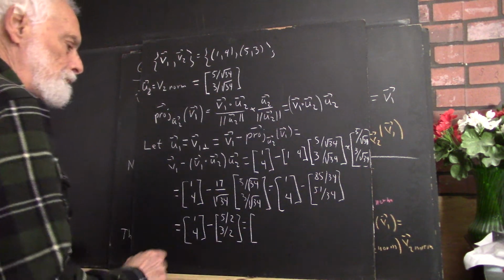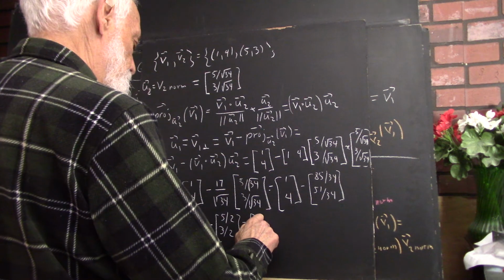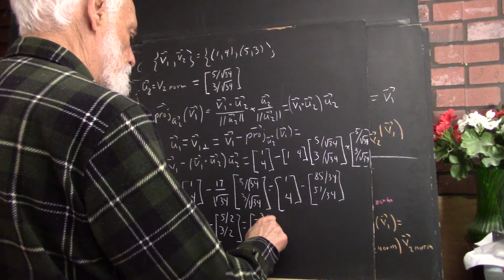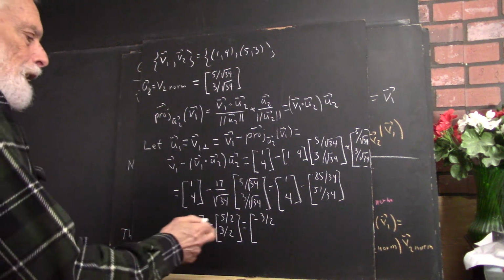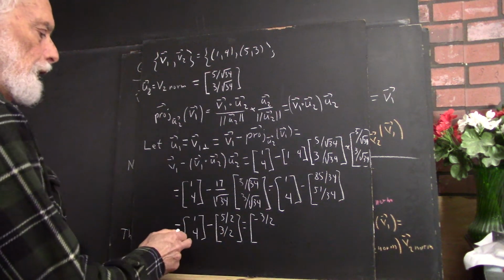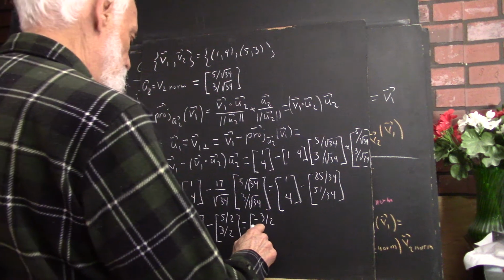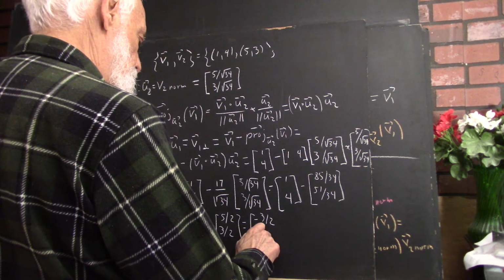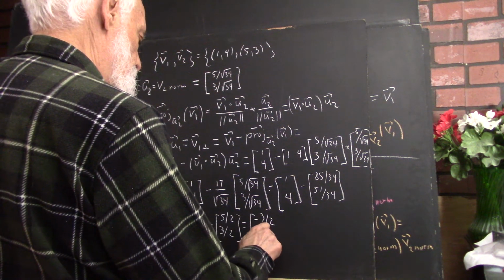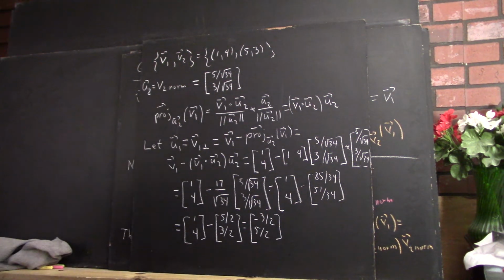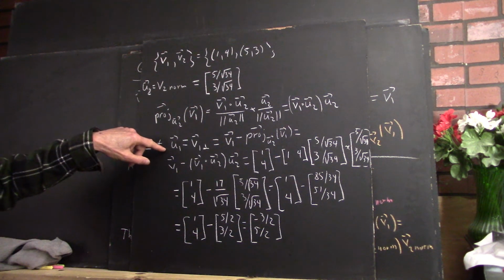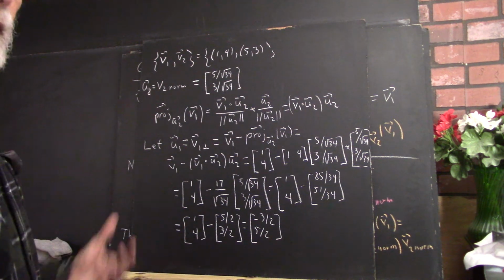So that's negative 3 halves. And that's 4 minus 3 halves, which is 8 halves minus 3 halves. So that's going to be 5 halves. Okay. That's going to be our U1 vector. And now we have an orthonormal basis, I hope.